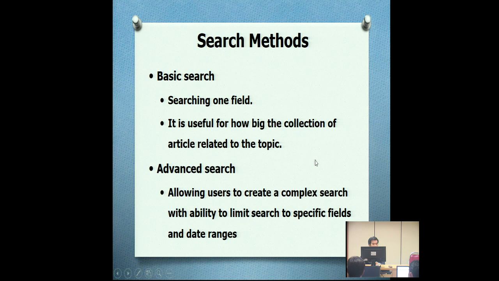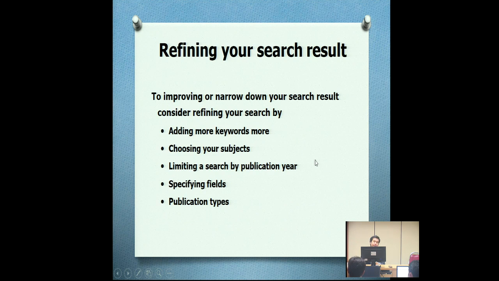After you have the search method, what next? You got thousands of results, 10,000 results. How can you narrow down your results? The database will give you options. If you got few results, they allow you to add more keywords.